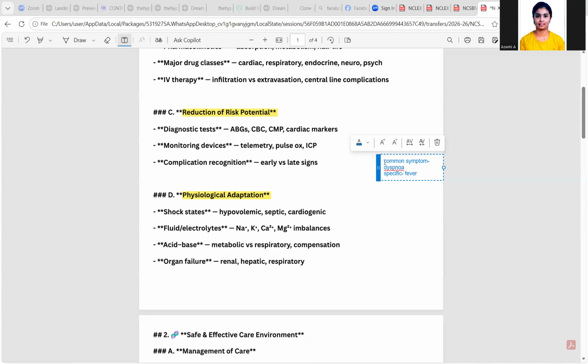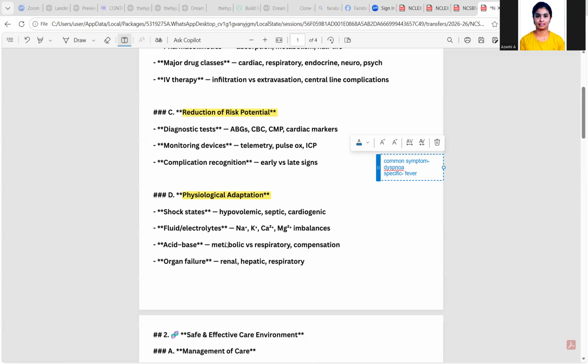Then we look at the diagnostic evaluations and management: medical, surgical, nursing, nutritional management, then health education. Those areas are covered by nursing management. So I hope you got clarity on physiological adaptation.